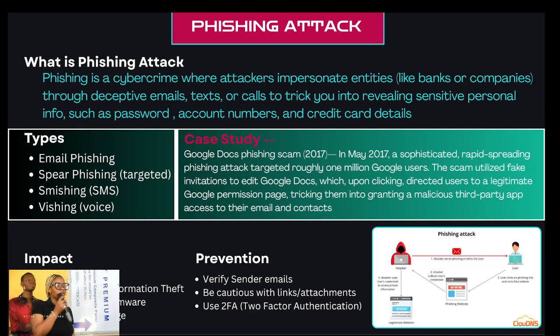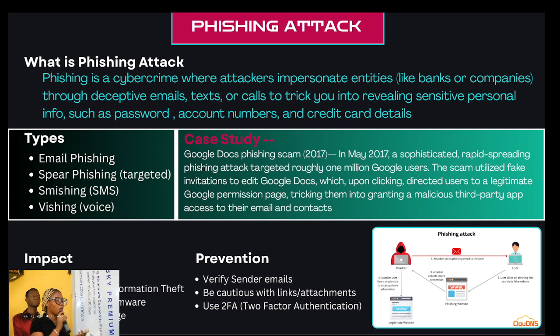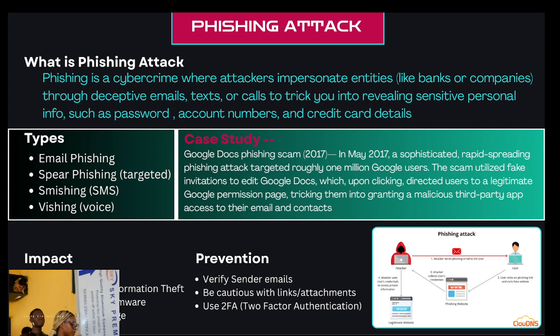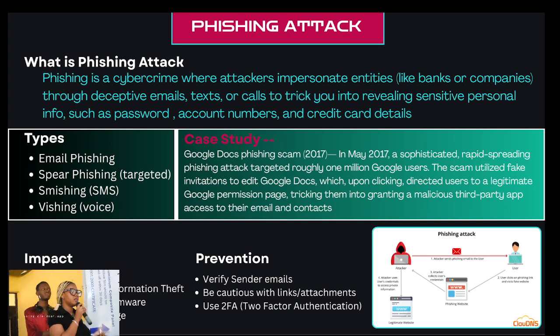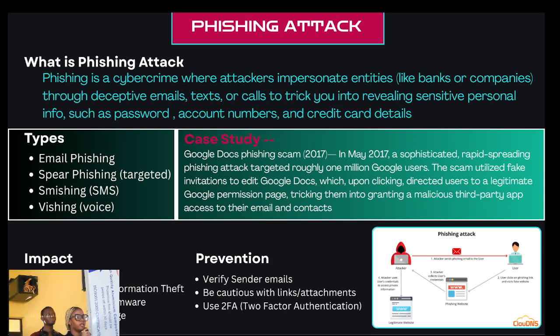The impacts include financial loss, ransomware or malware, reputational damage, data breach, and information theft. Prevention of phishing includes verifying sender emails, being cautious with links and attachments, and always using two-factor authentication. Thank you.